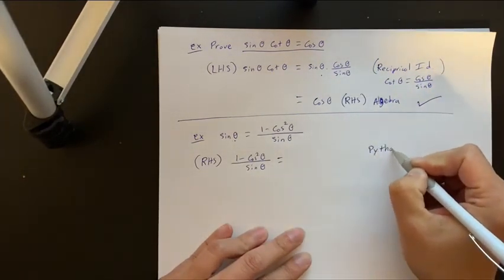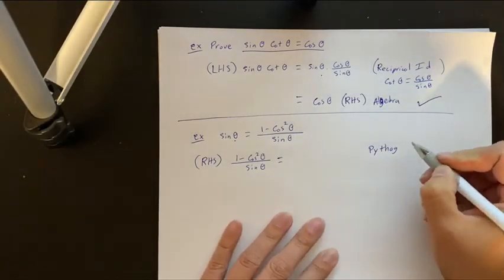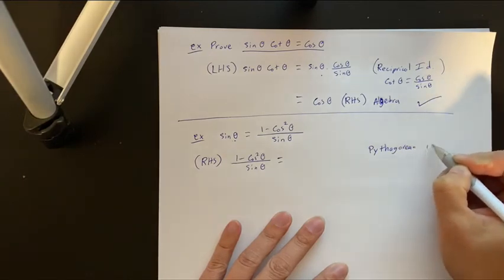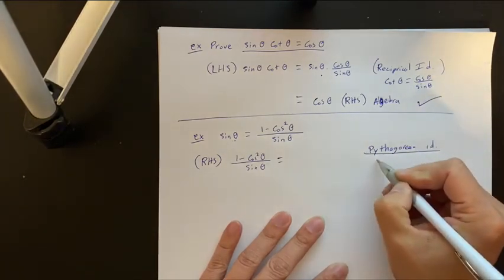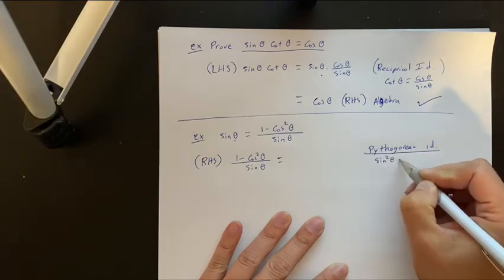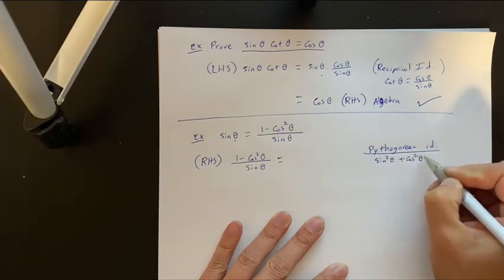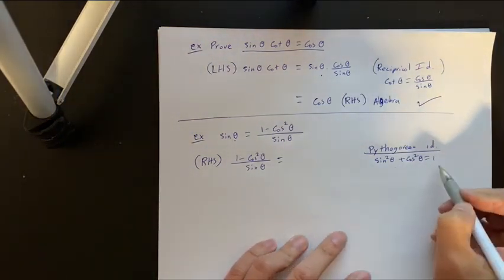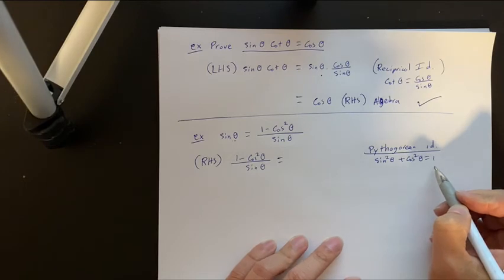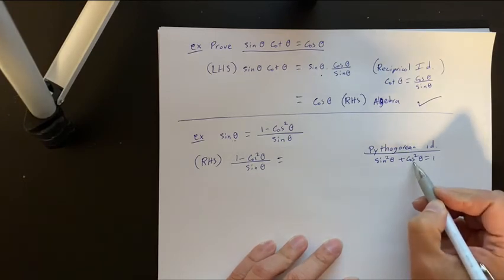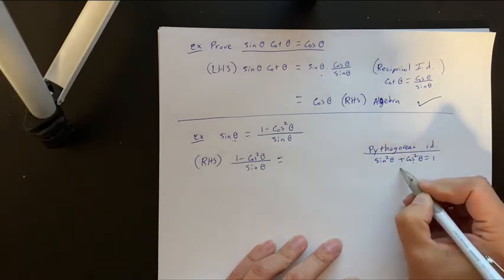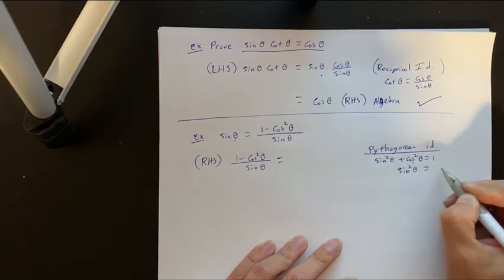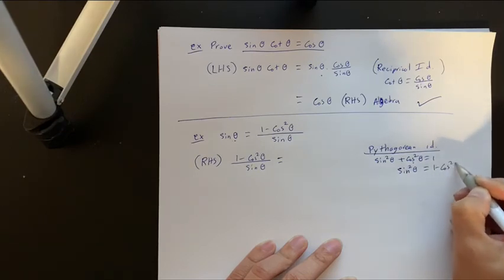It's not really a direct application of the Pythagorean identity, because the identity is sine square theta plus cosine square theta is equal to 1. So we have to really modify this identity a little bit. So if I move this cosine square over to the right side, we get a different version of this identity. Sine square theta would be equal to 1 minus cosine square theta.